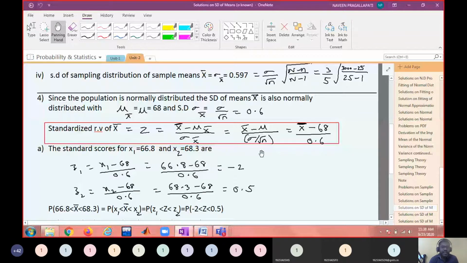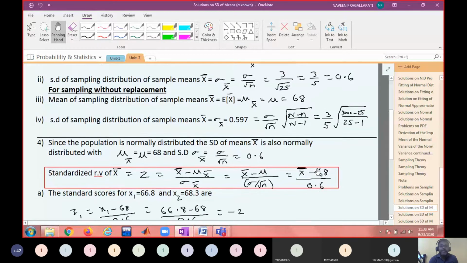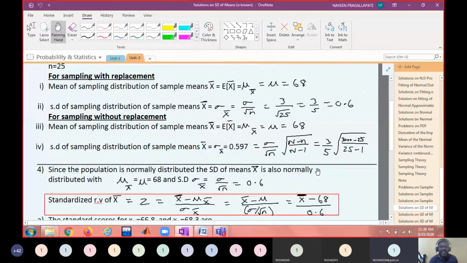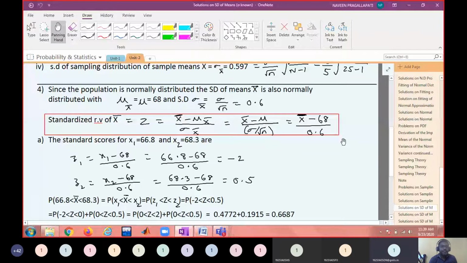Is this 0.6, or did I make any mistake? Sigma is 3, root n, so here itself I computed sigma x bar as 0.6.